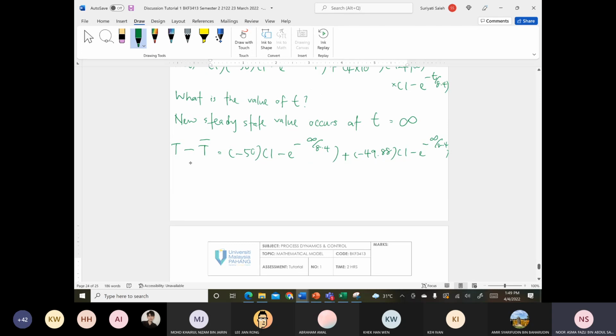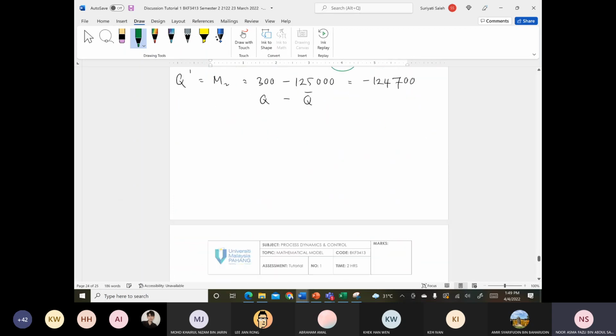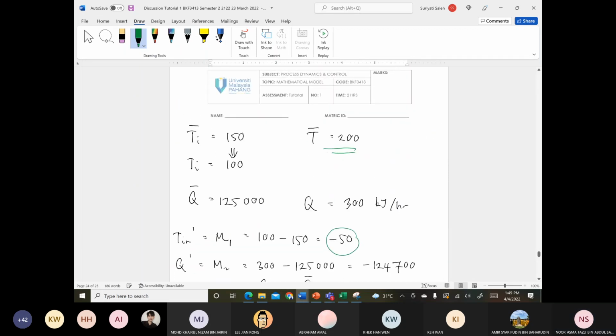So T minus T bar, T minus 200. So the T bar here is 200.